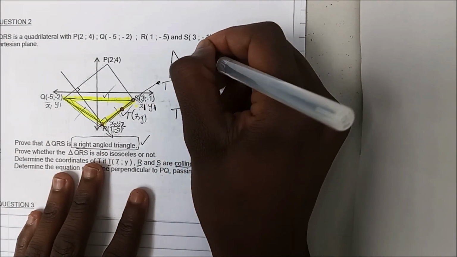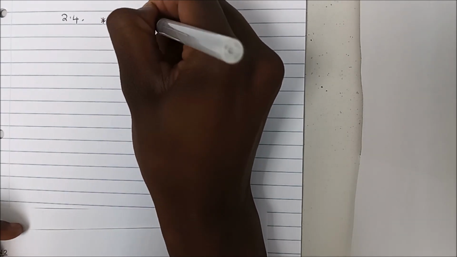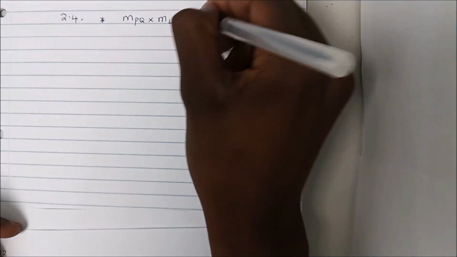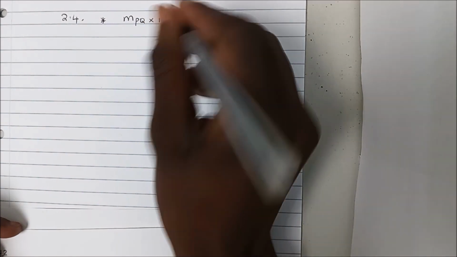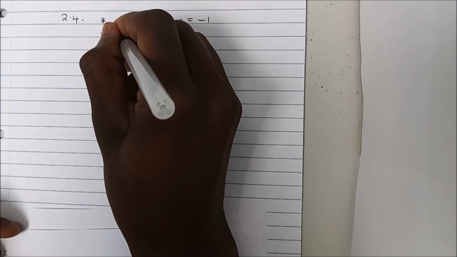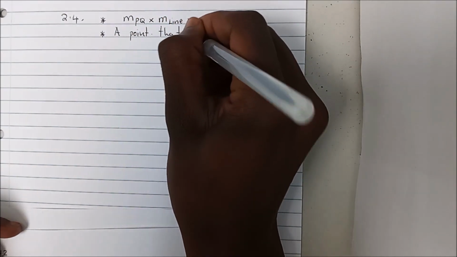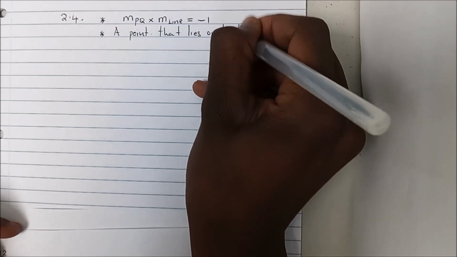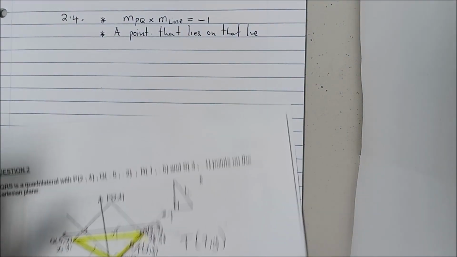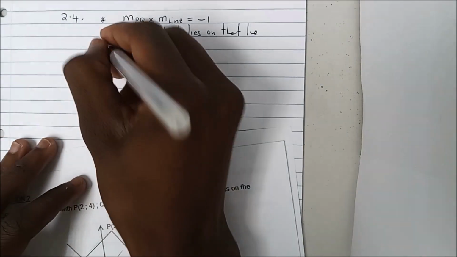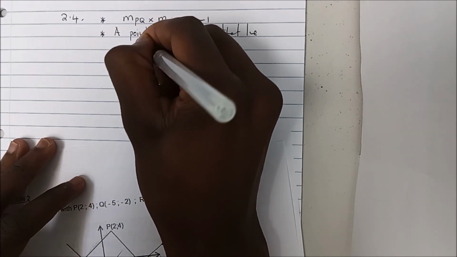So to find 2.4, the gradient of PQ multiplied by the gradient of that line which is perpendicular to PQ is negative 1. So you find the gradient and then you find a point that lies on that line. Obviously a point that lies on that line has to be R because it passes through R, and that point will be your x1 and y1.